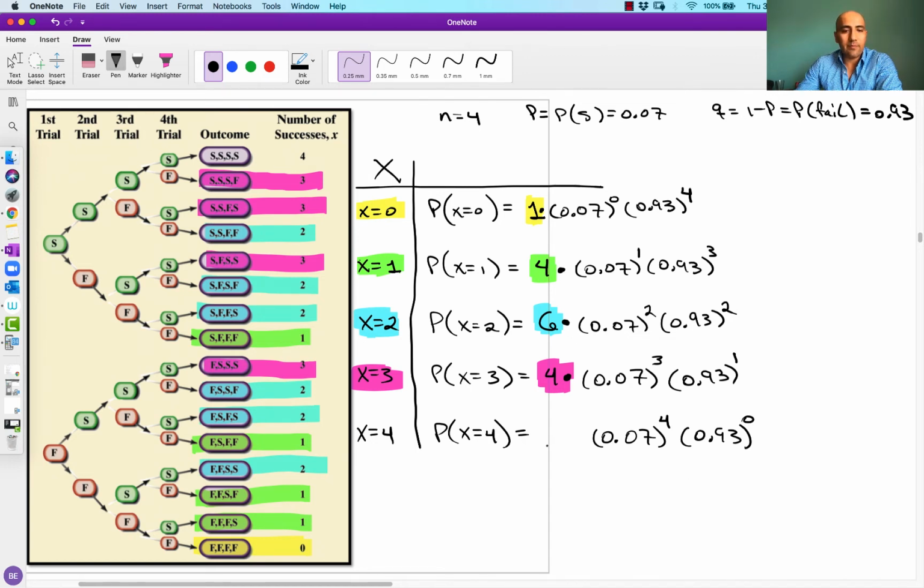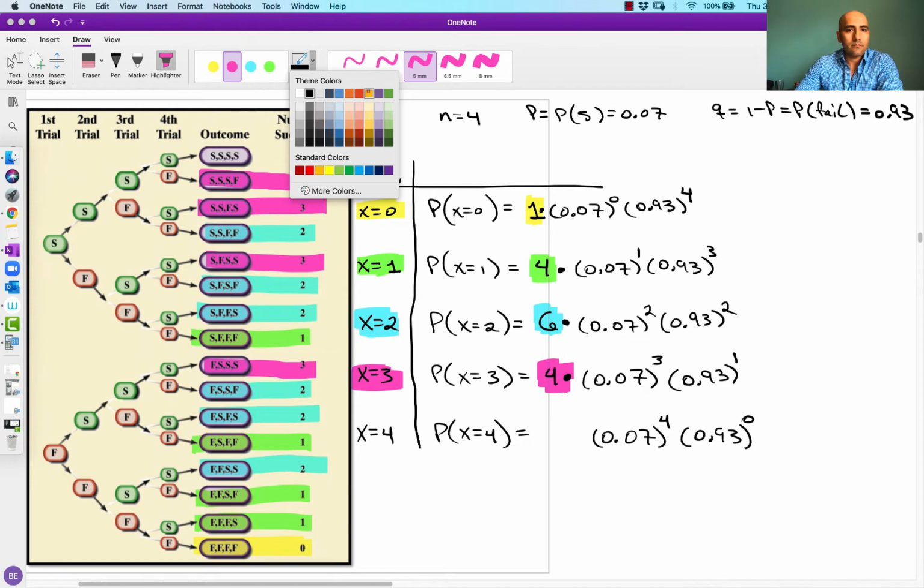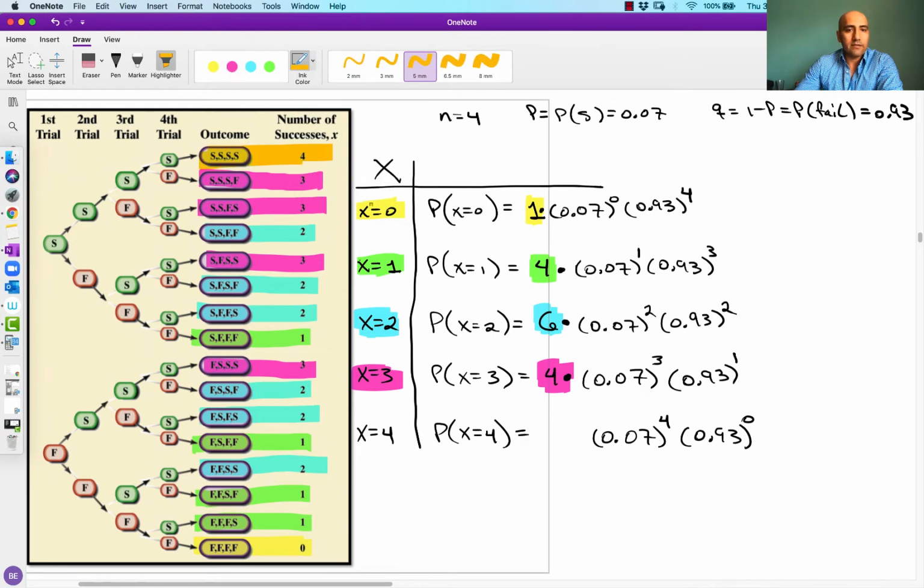How many ways can that happen? Well, there's only one way. Right, coming back over here. This is it. That's the only way that can happen. So, put them over here. There's just a 1. 1 times all that, right? Because there's only one way that we can have 4 successes. The case of success, success, success, success.